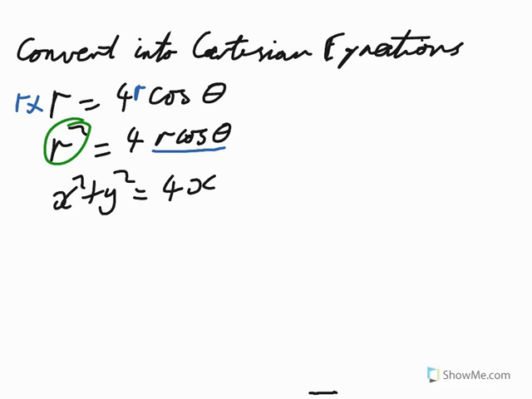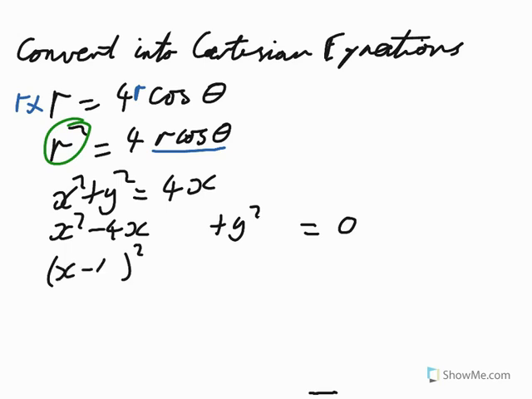Alright, so it's not quite where we need it to be at the moment, so x squared minus 4x, stick them together, plus y squared equals 0. Now, the reason I've left that there is because I need to leave a bit of space here as well, because I'm going to turn this into a perfect square, so x minus 2.